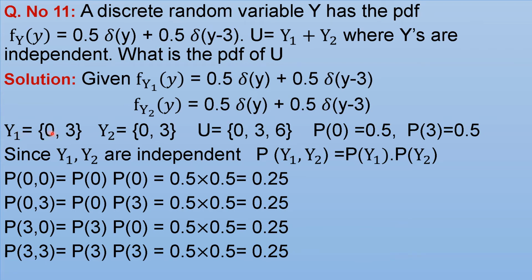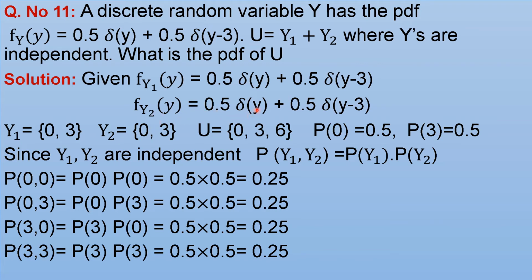Since y1 values are 0 and 3, the probability that y1 takes value 0 is 0.5, and the probability that y1 takes value 3 is 0.5. Similarly, y2 values are 0 and 3.